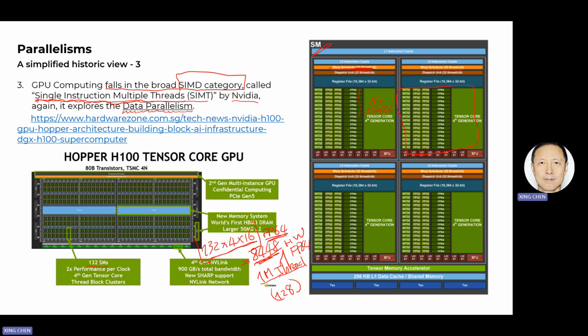You can have a multiple of 32 threads per hardware unit. I took this number 128, which is four warps.